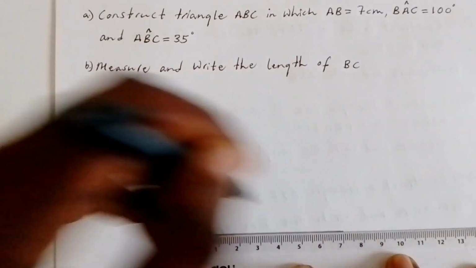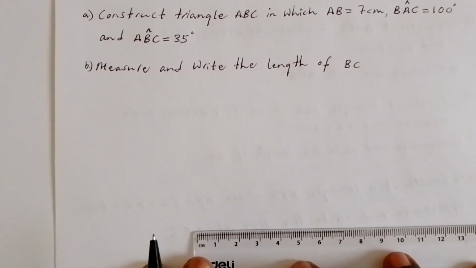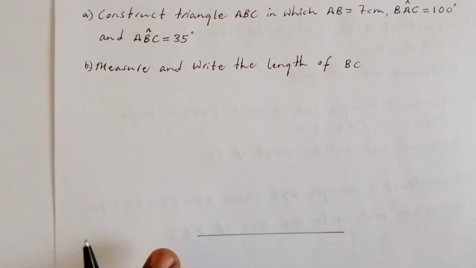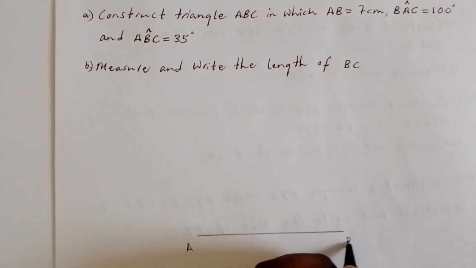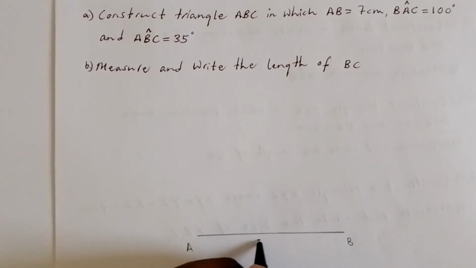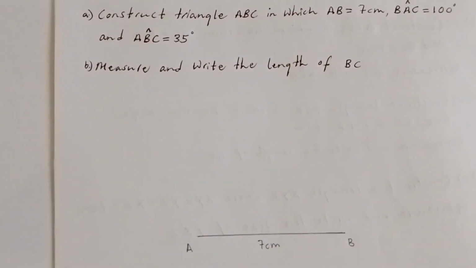I'm sure we can see that is exactly equal to 7 centimeters. So that is our AB. So write A, B, and we indicate that this is 7 centimeters.